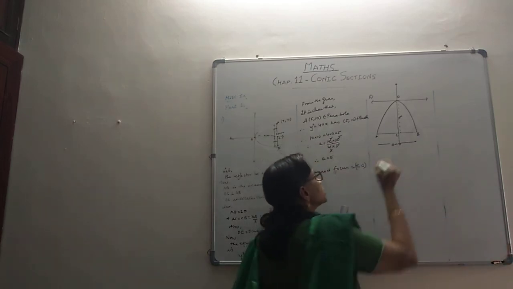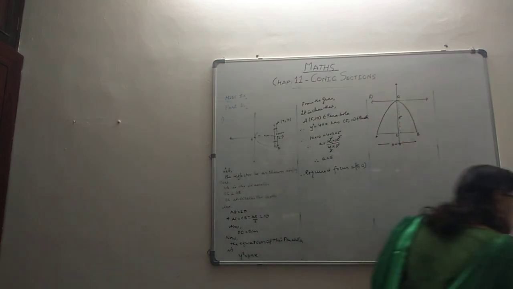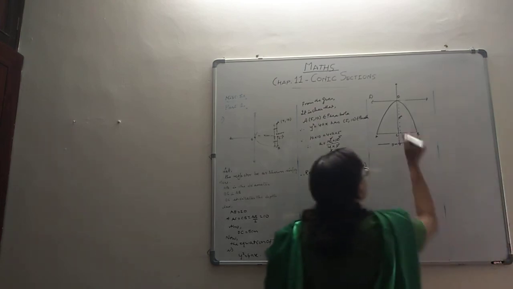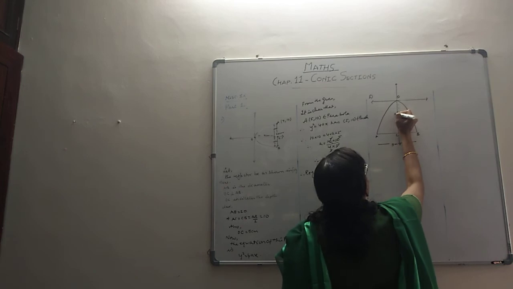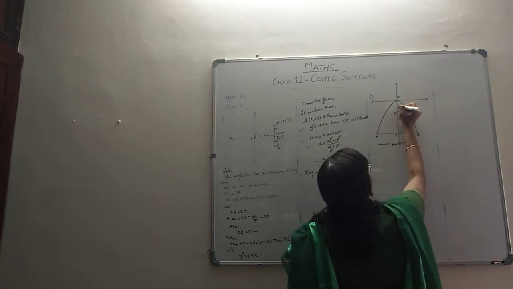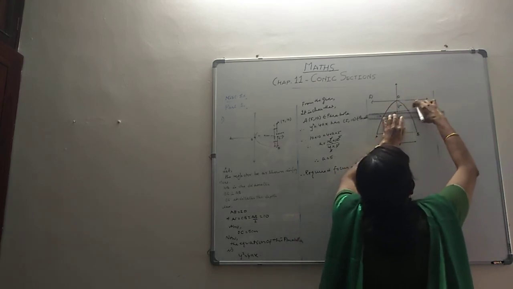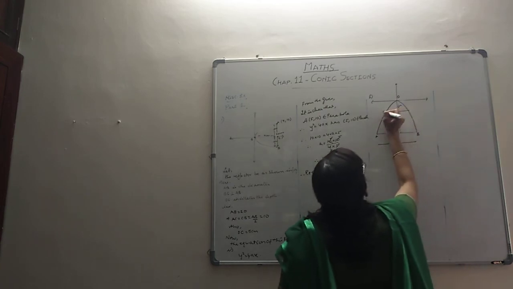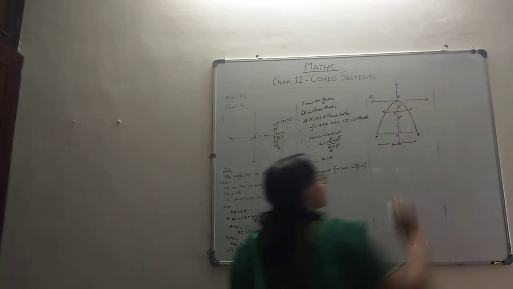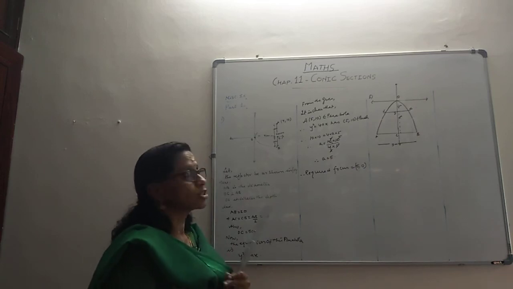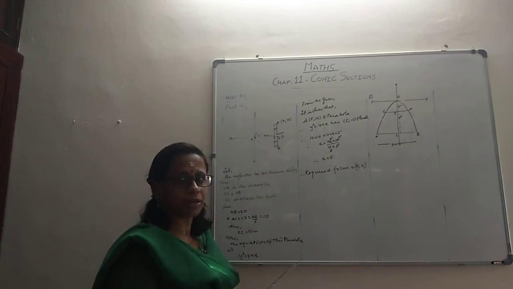At a distance of 2 meters, how wide it is? Suppose there is a point D such that OD is 2 meters, then we must find what is EF. That's the question. To find EF when OD is 2 meters, that's secondary. That's the second subpart you can treat.